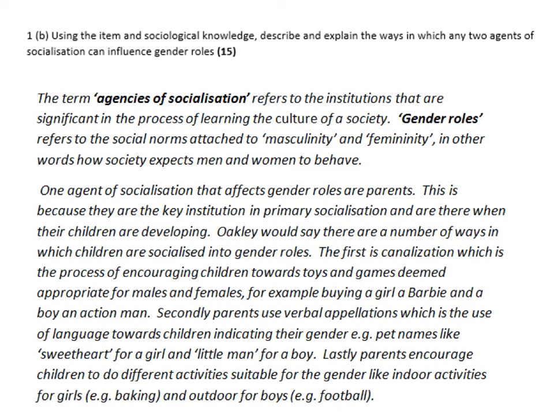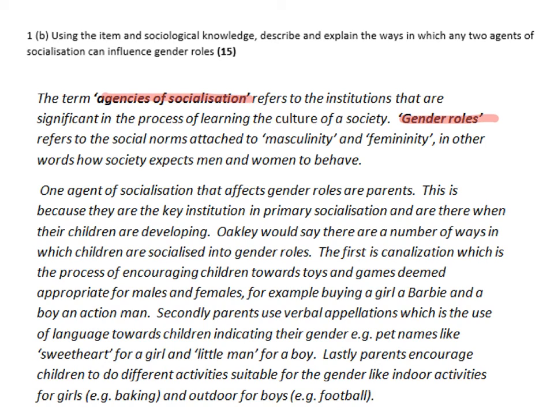And as you can see, the first section, the opening paragraph, defines the key terms that are used in the question. So the key terms that are used in this question that need to be defined are agencies of socialisation and also the concept of gender roles. And then this paragraph focuses on one particular agent of socialisation, the role of parents and families, and explains how that agent of socialisation influences gender roles.